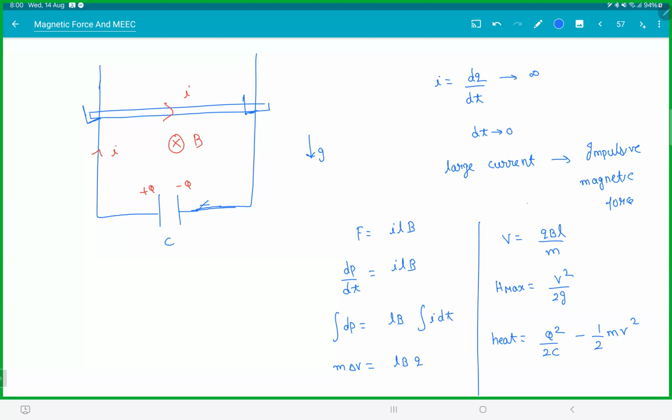The balance must be heat, right? Make sense? This was the energy of the capacitor. This is the kinetic energy of the rod.